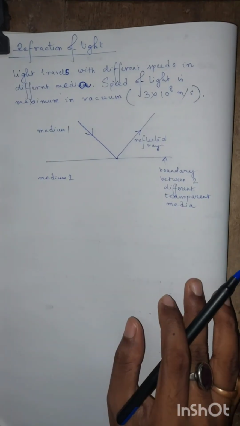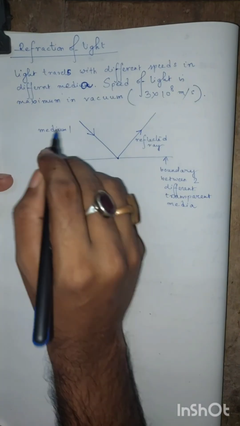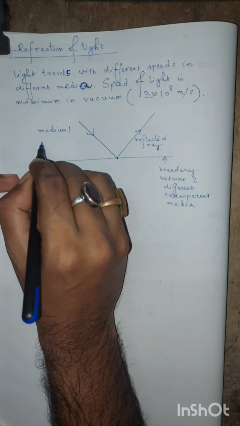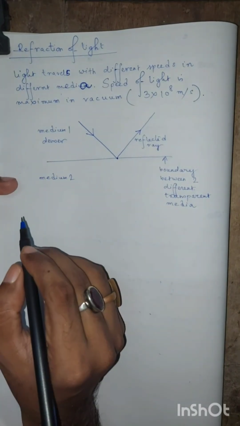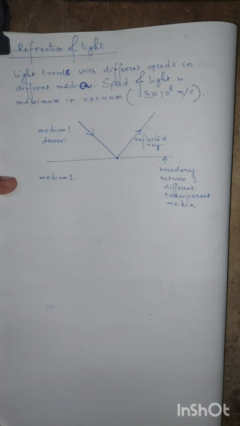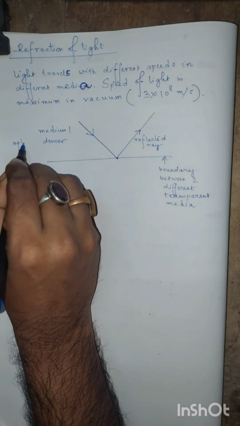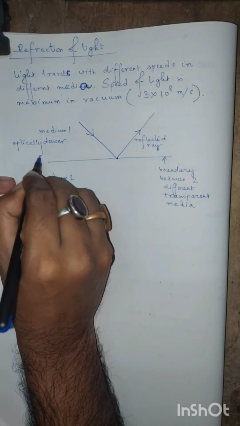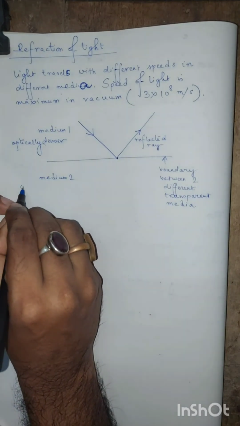Let us assume that medium 1 is denser. Medium 1 is optically denser, and medium 2 is optically rarer.